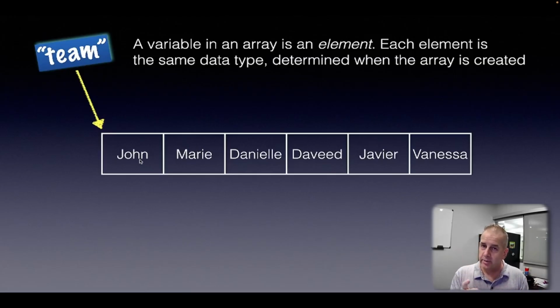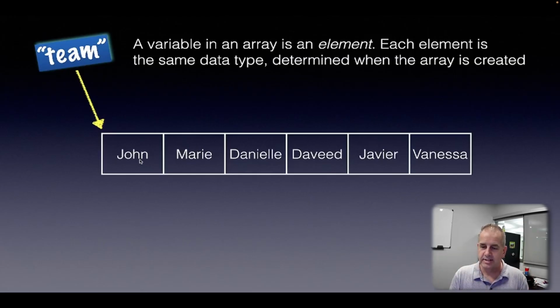The other thing we have to determine at the time we create our array is how many elements there are. And this is just because the programming language, your computer, is going to go out and reserve a chunk of memory for this array, and it needs to know how much space it's going to need. That's determined by the data type and the number of elements.